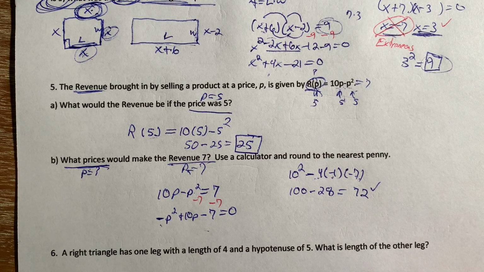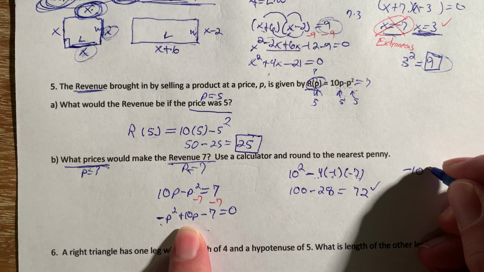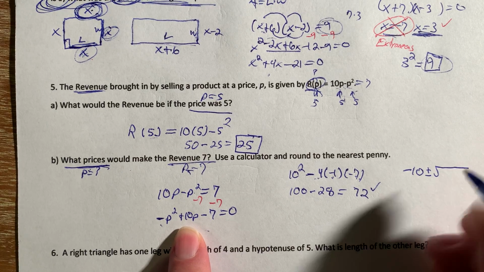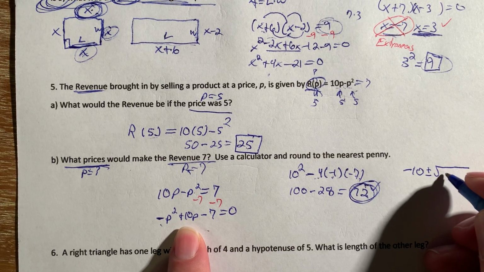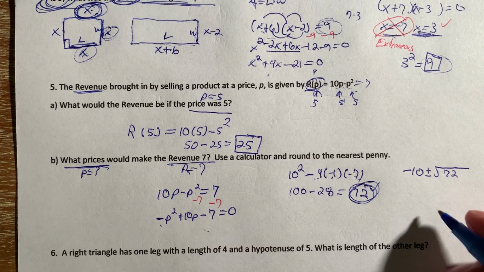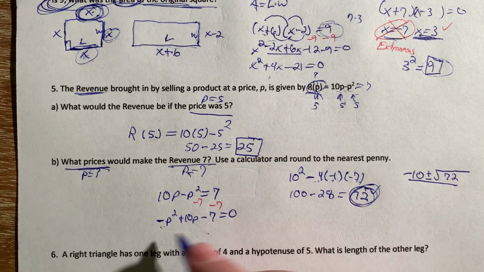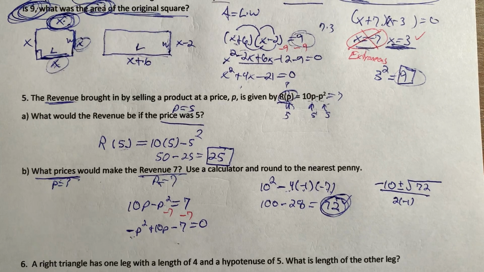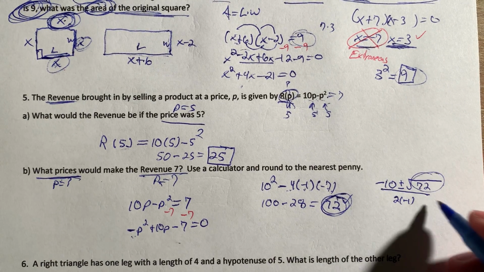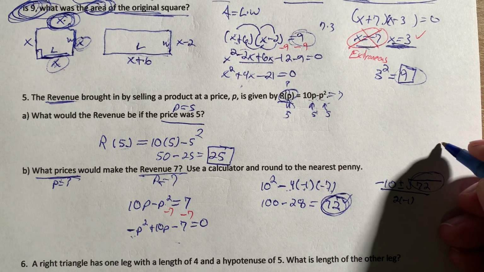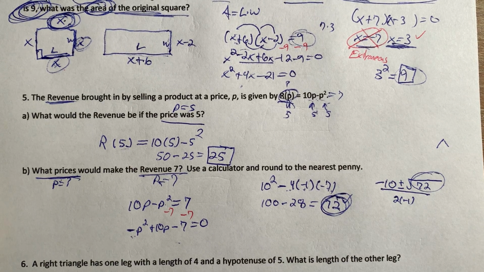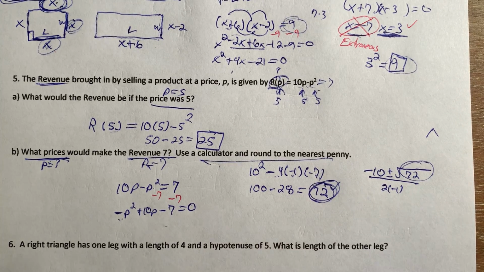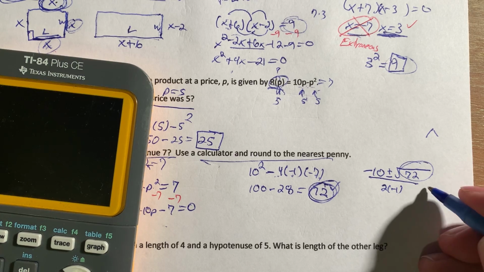So the quadratic formula will be negative b plus or minus the square root of b squared minus 4ac, which is 72. We don't need to redo it. All over 2a, and a was negative 1, so 2 times negative 1. Normally I would simplify the square root of 72 because 4 goes into it, but it said to use a calculator, so we're going to just evaluate this.